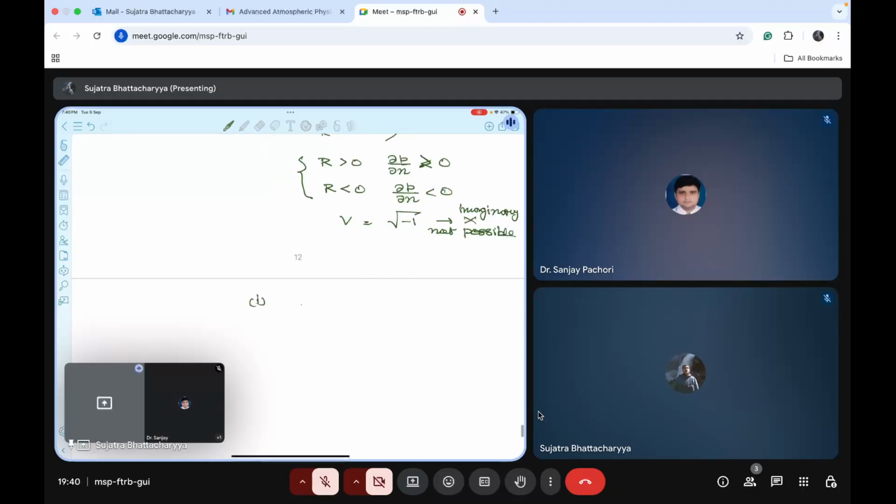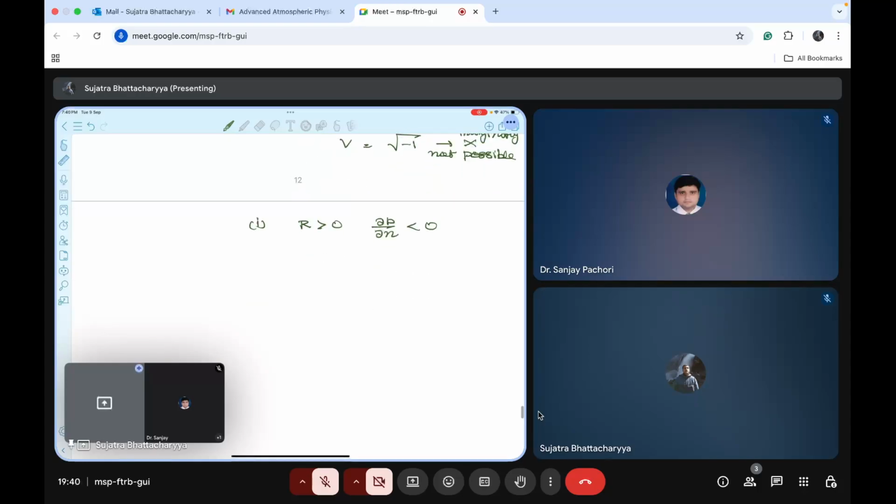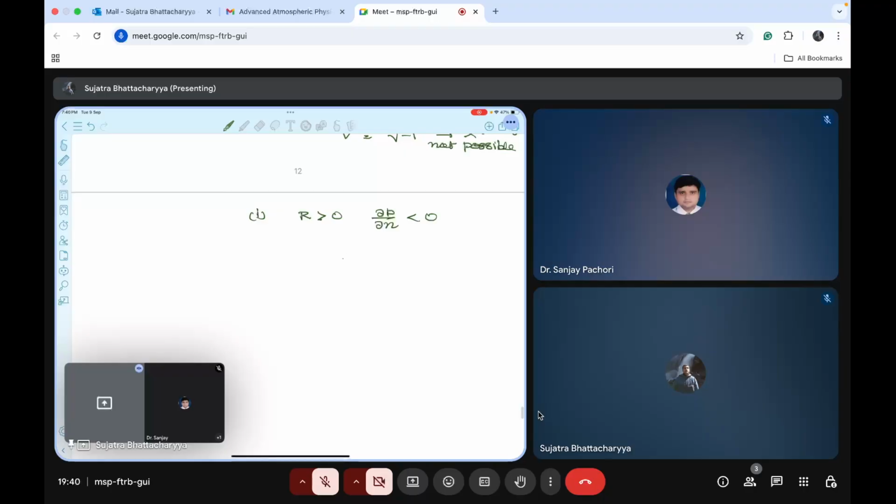So the first condition, therefore, is R greater than 0, delta P delta N less than 0. Let's see how it looks like. R greater than 0 means the center is to the left of the motion. So make a circle. Suppose this is the direction of motion, C is to its left. Also, N is the leftward normal.